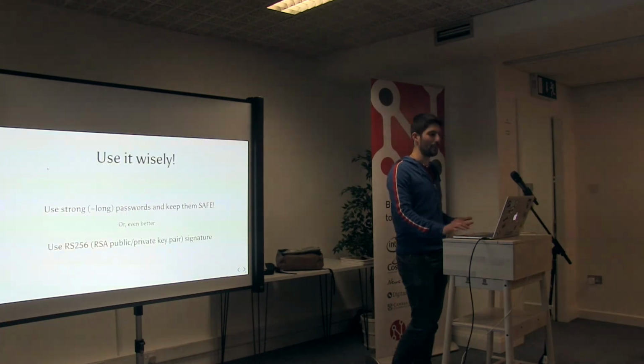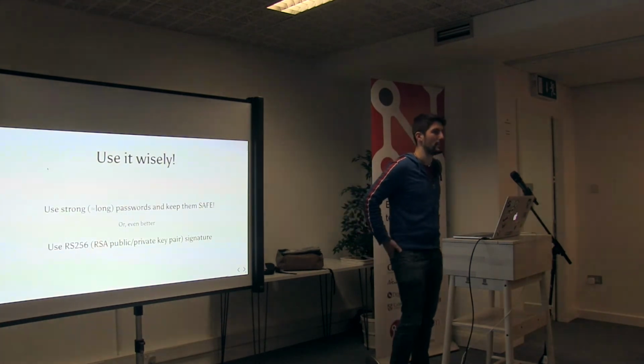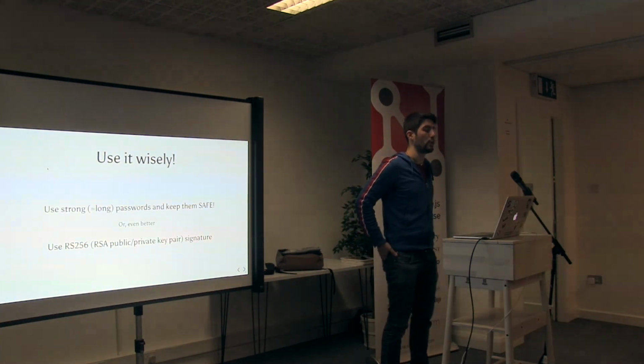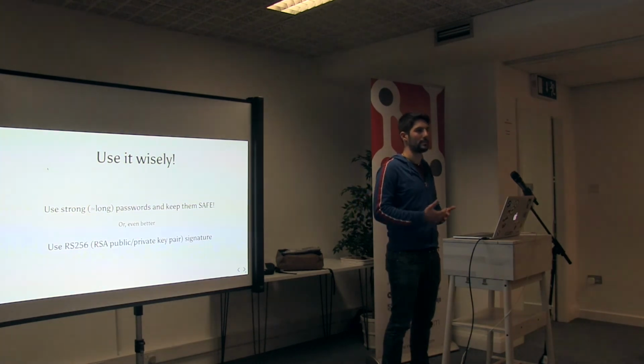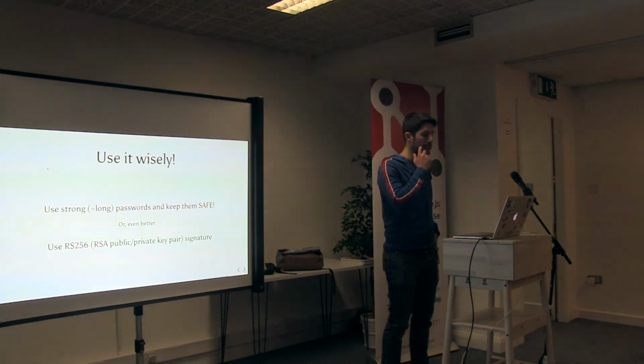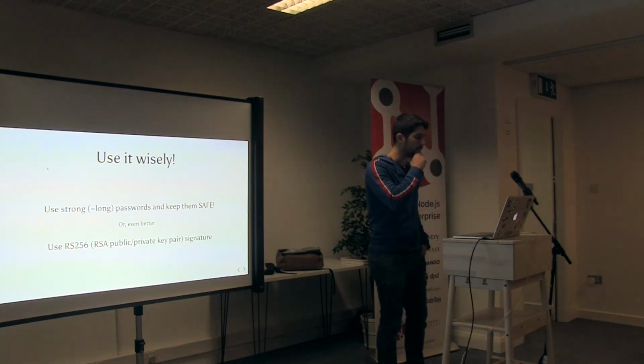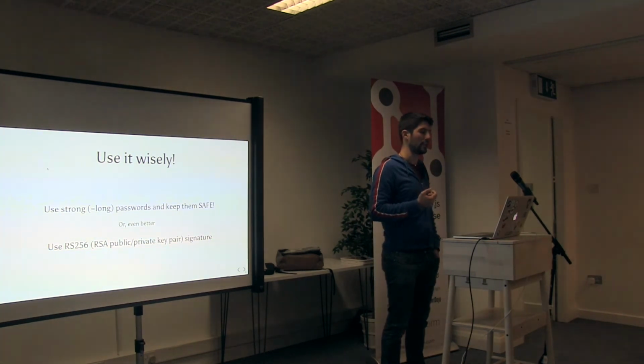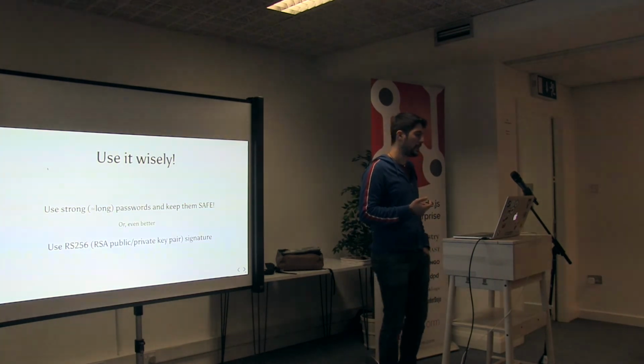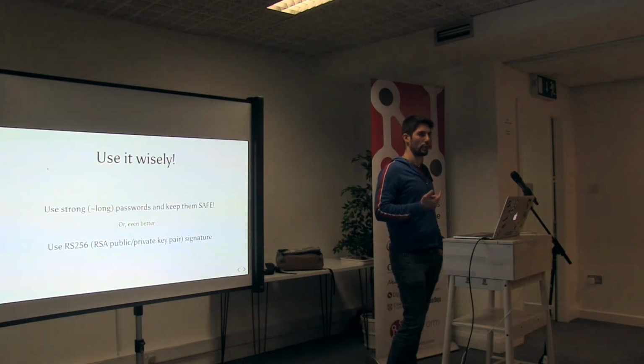But, of course, you need to use it wisely, which means that you have to use a strong password, which most of the time is a long enough password, and then you need to store those passwords in a safe space. There is an even better solution, which is actually the one used by Cognito, that is not to use the synchronous algorithm to sign, but to use the asynchronous one.